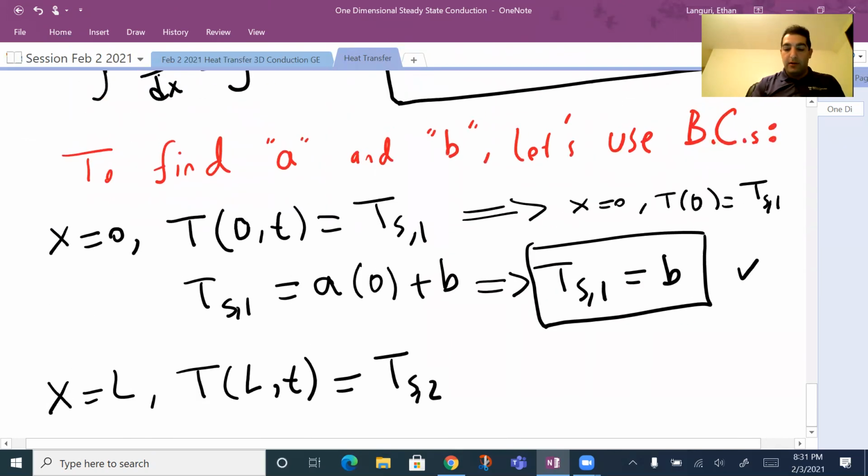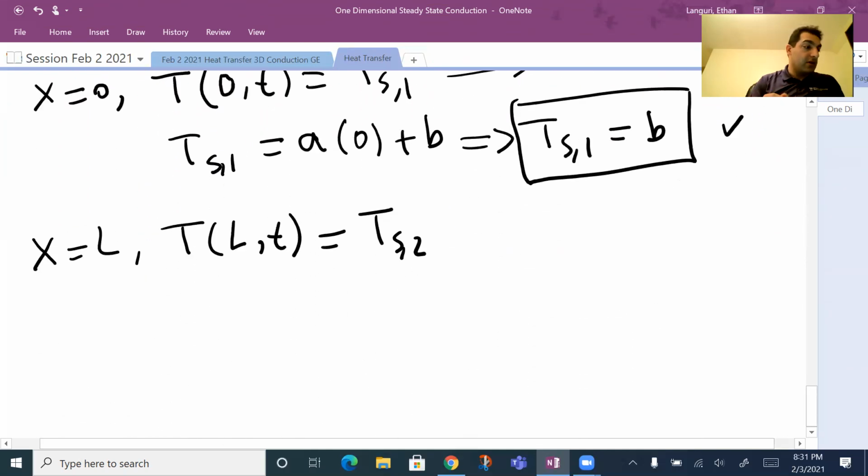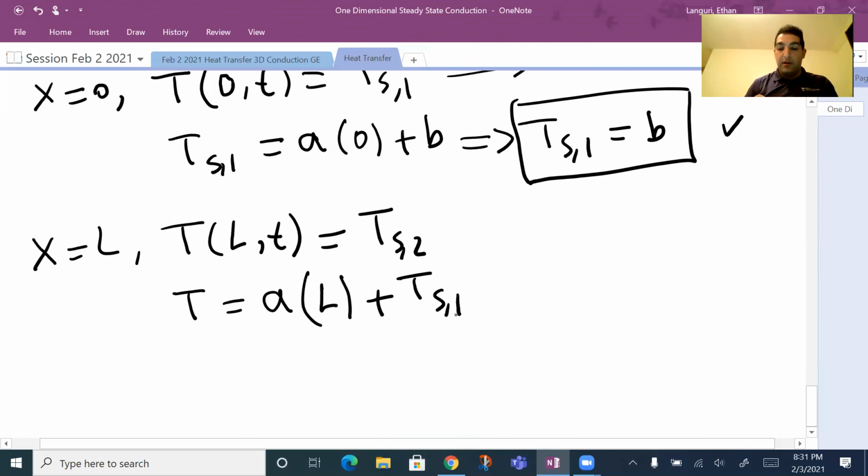Let's go ahead and use L and Ts2 in our generic solution of temperature. What we get is temperature equal to A times x, which in this case, my x is L, plus B. And what is B? I'm going to use Ts1 for B because I just found it in the previous step.